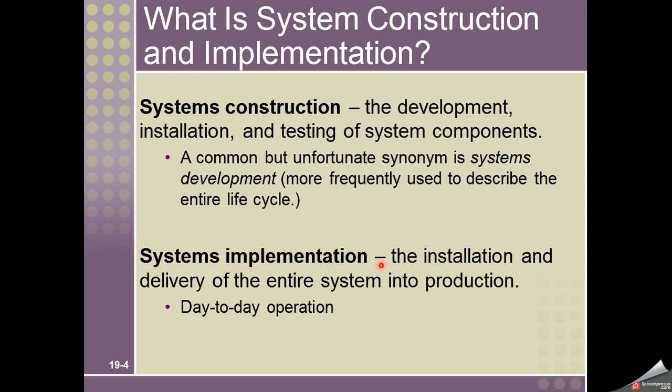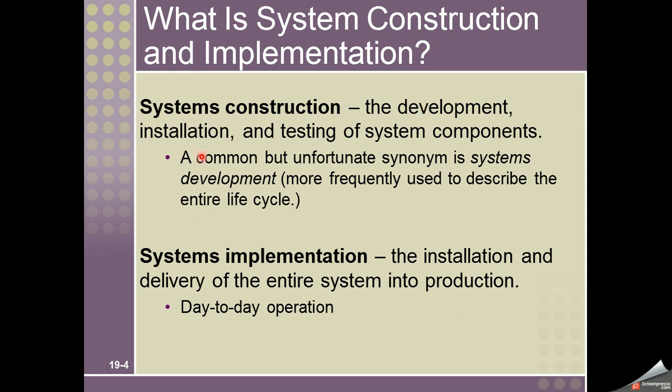Similarly, implementation means the installation and delivery of the entire system into production. So now the system is implemented. Again, many times by implementation people mean construction, but actually implementation means that now the system is ready for day-to-day operation for the user. It has been implemented successfully on the client side, and now the clients can start using it.